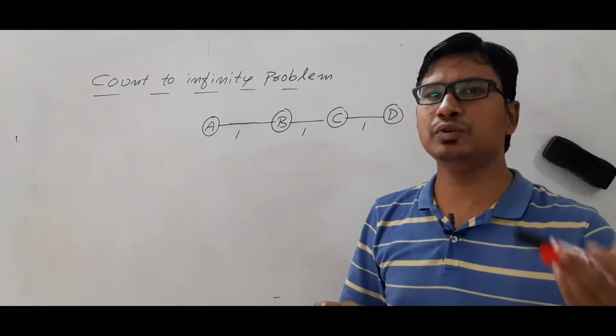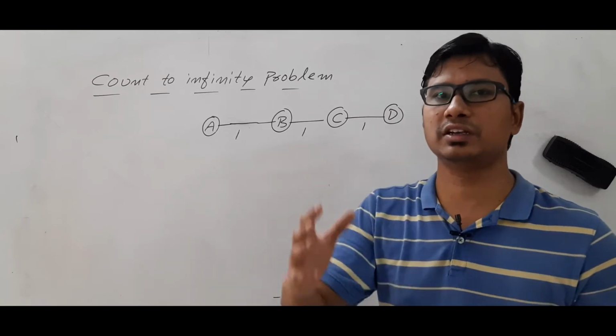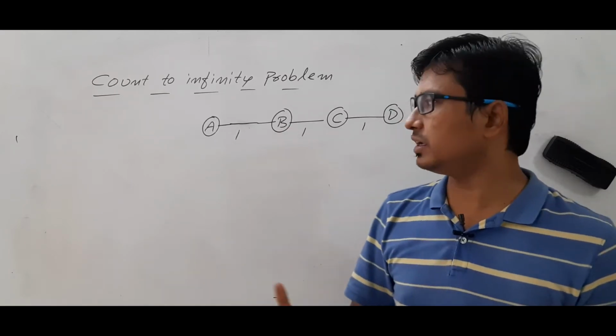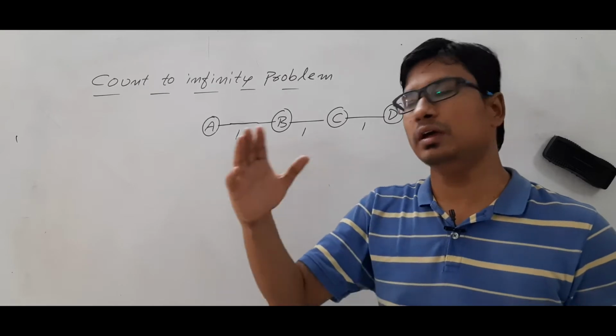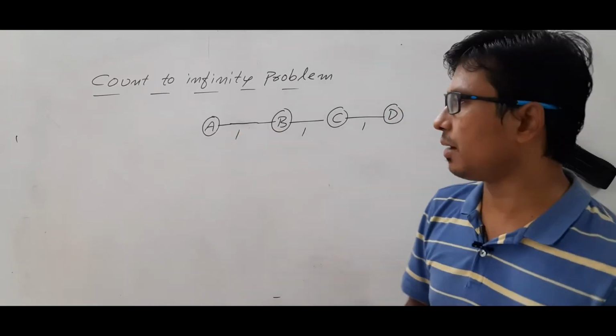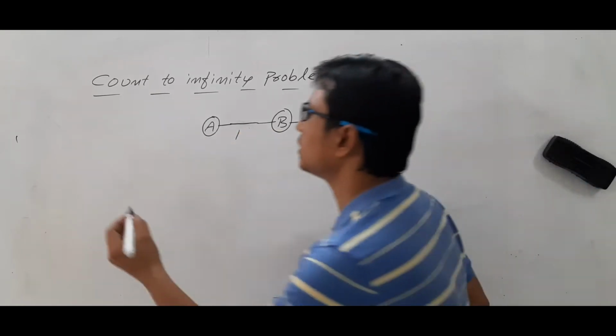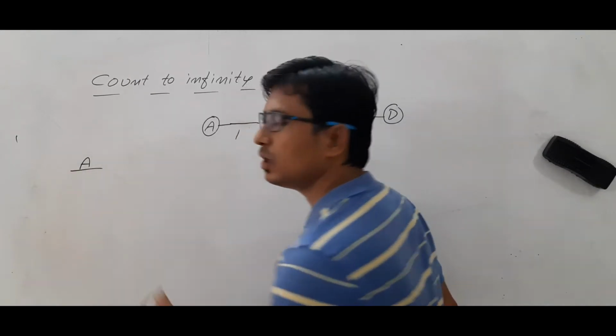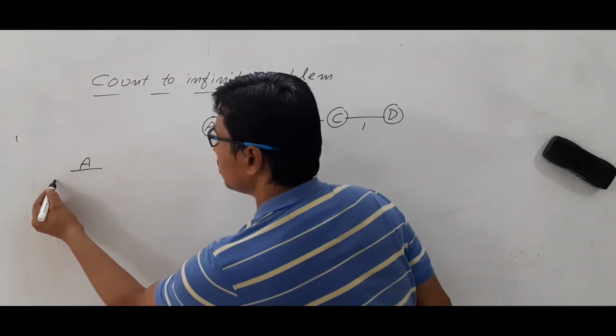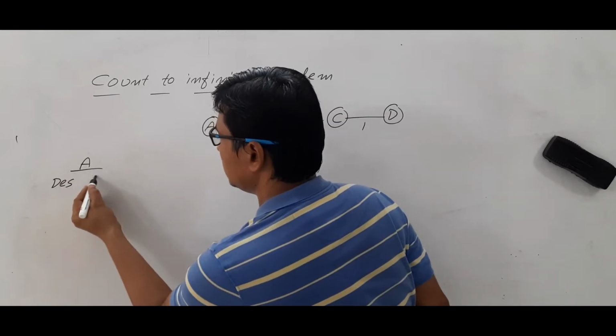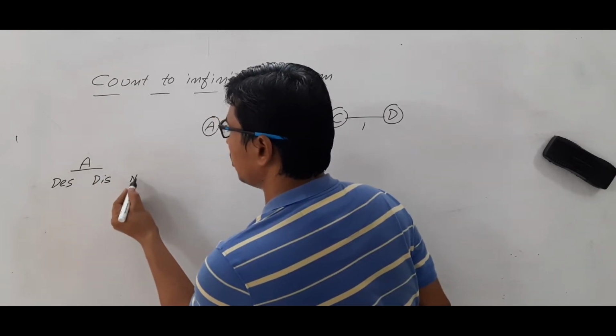And after a few exchanges of distance vectors with neighbors, A will come to know about every router in the network. Am I right or wrong? Based on that, it will compute a routing table consisting of destination, distance and the next hop.